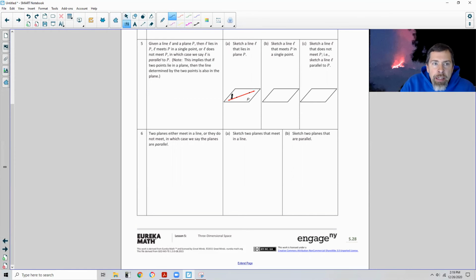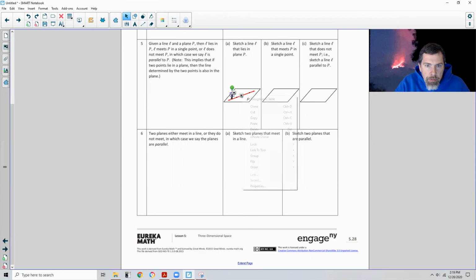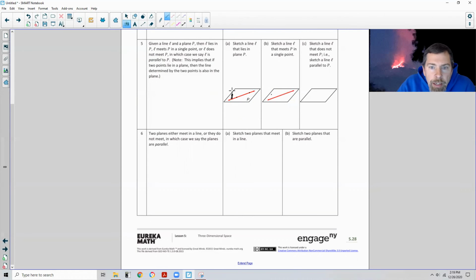But then if I take and I do this, and let me group these first. And I copy them. I grouped the wrong things, but that's okay. All right, so now this is L. This is line L, but if I rotate it, sketch a line L that meets P in a single point.